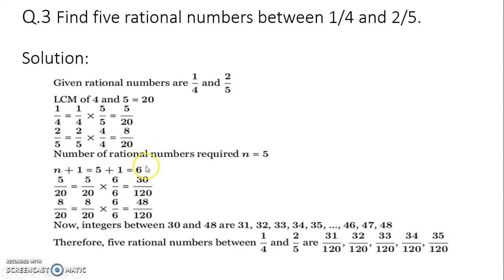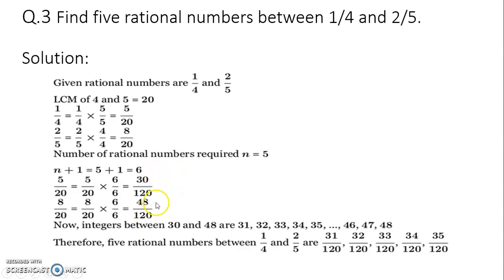So in the numerator and denominator of both these new rational numbers, because now the denominators have become equal, that is 20, you have to take these two rational numbers 5 by 20 and 8 by 20 and multiply the numerator and denominators of both of these by the number 6. So 5 times 6 is 30, 20 times 6 is 120, 8 times 6 is 48, and 20 into 6 is 120.